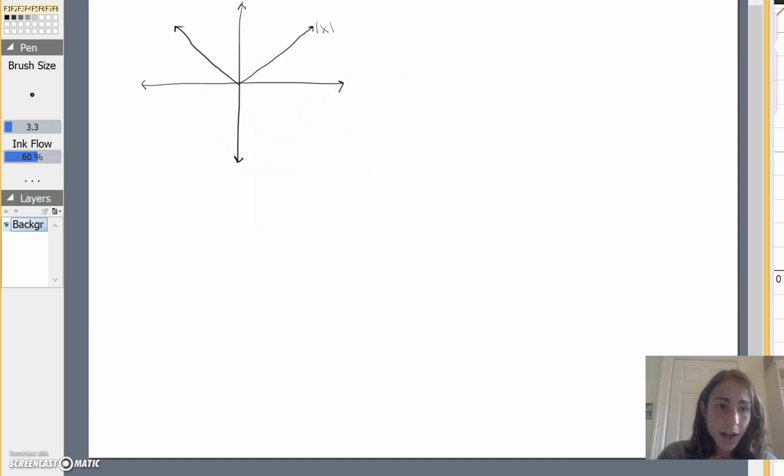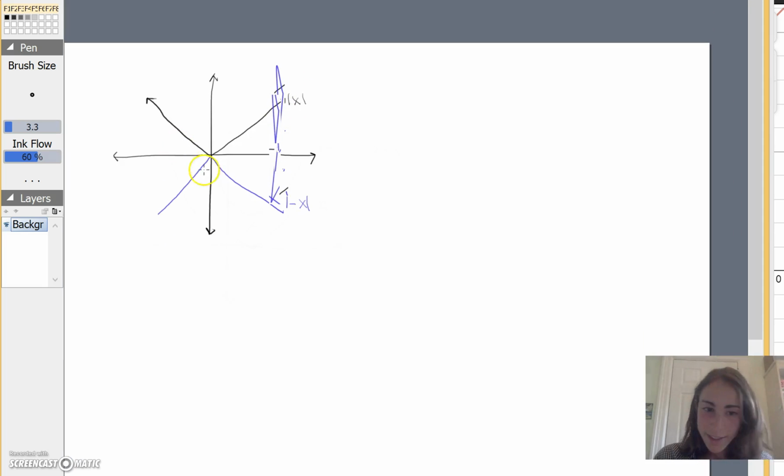Now, let's draw in a different color. Here, let's try this. This is the graph of the absolute value of negative x. Oops, that's wrong, isn't it?